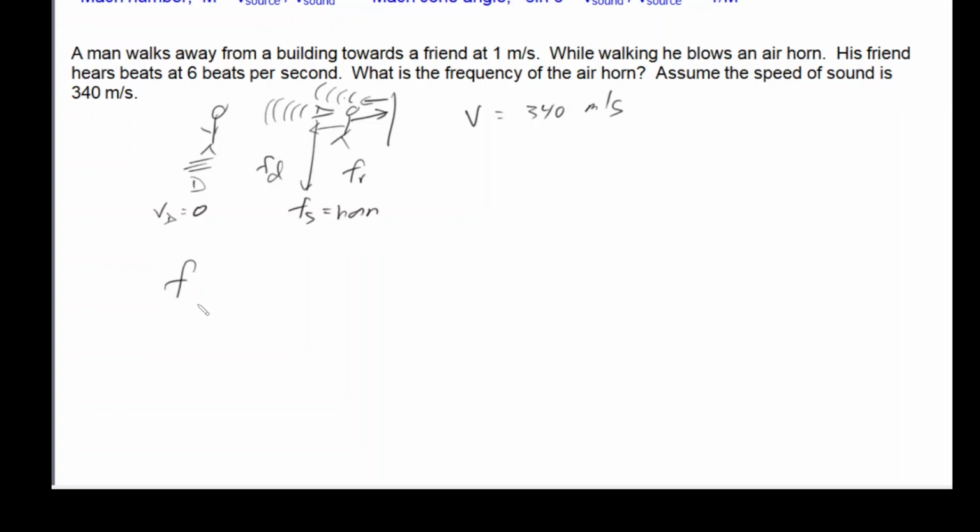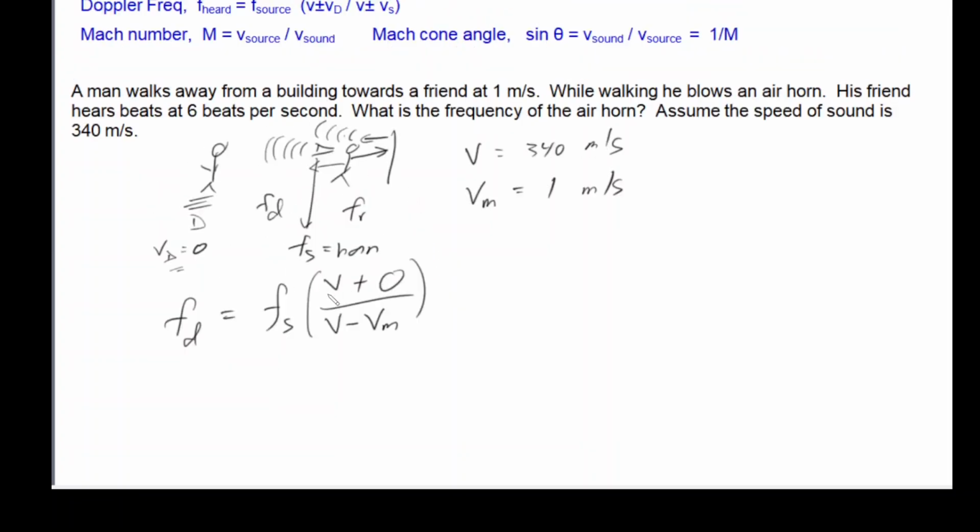So the frequency of the direct wave that the friend hears is equal to the frequency of the source times the velocity of sound plus 0, because the detector isn't moving, over the velocity of sound minus the velocity of the man walking towards him. And we should mention the velocity of the man walking towards his friend is 1 meter per second.